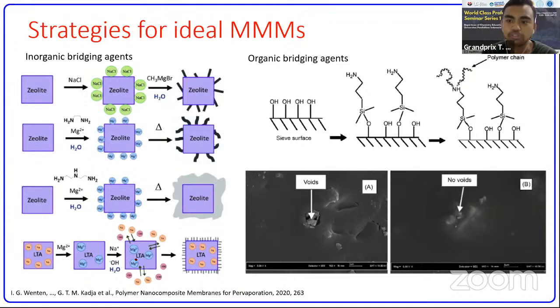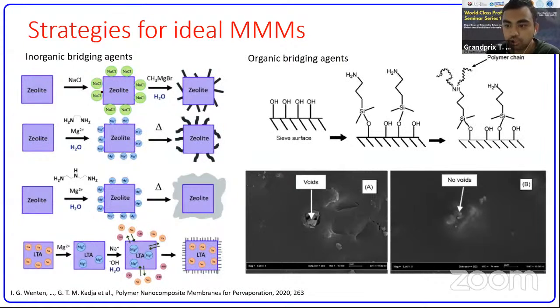And the bridging agents could be inorganic, or they could be organic. For example, here we use inorganic bridging agents. This is the zeolite, which will function as the inorganic filler.